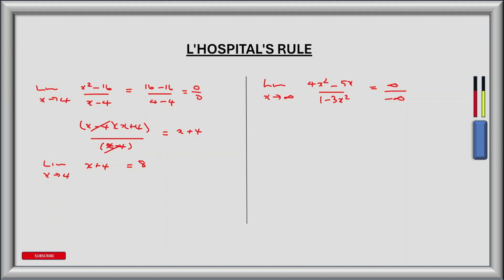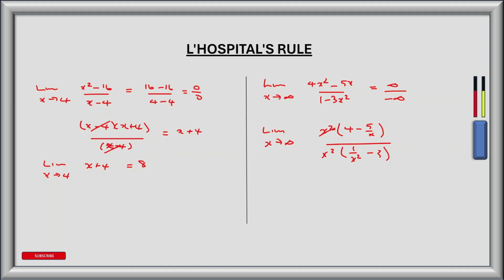Again, we could resolve this by looking at the limit as x tends towards infinity of, and then if we take the x squared out of the numerator, we get x squared multiplied by 4 minus 5 divided by x, and that would all be divided by x squared multiplied by 1 divided by x squared minus 3.